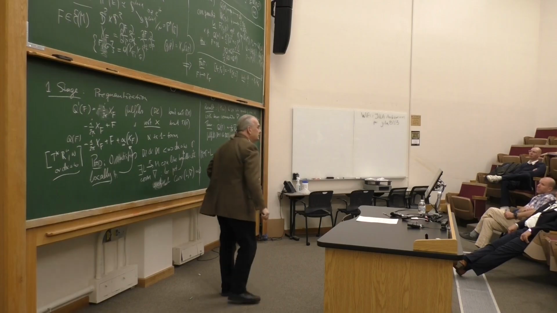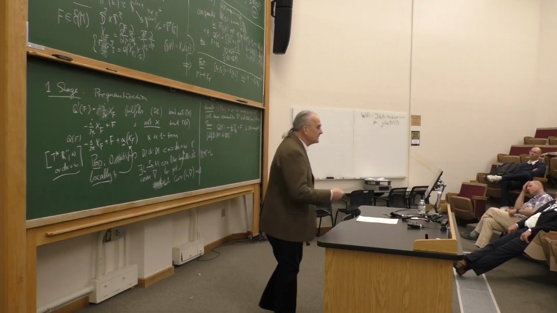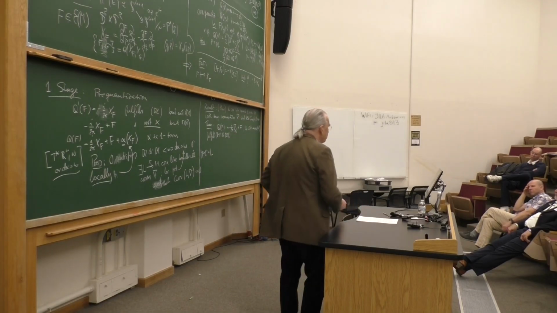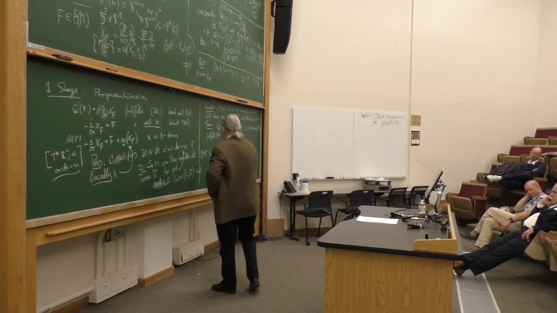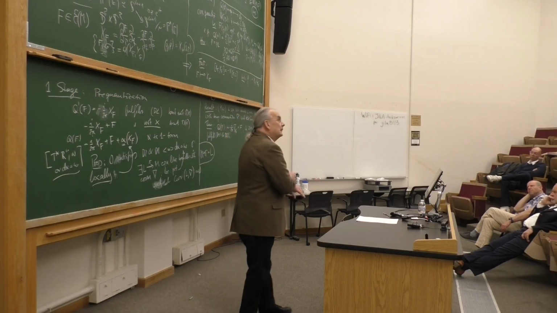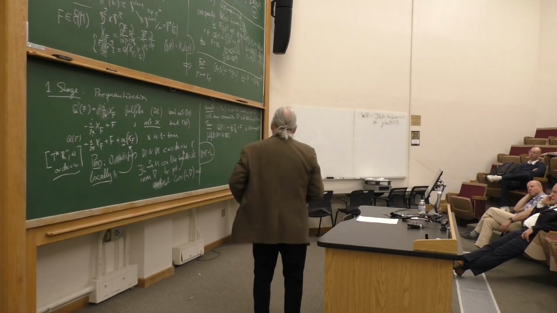This is not difficult to write down. It's more or less everything is simple except for the notion of a line bundle. And I will not prove it here. It's a bit tedious.